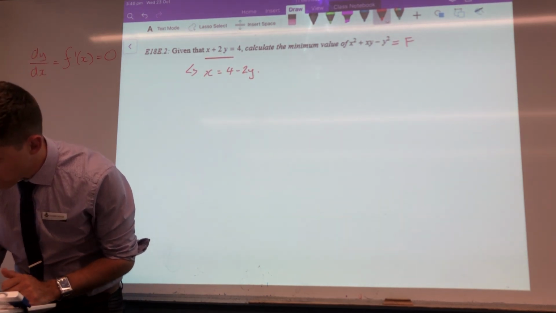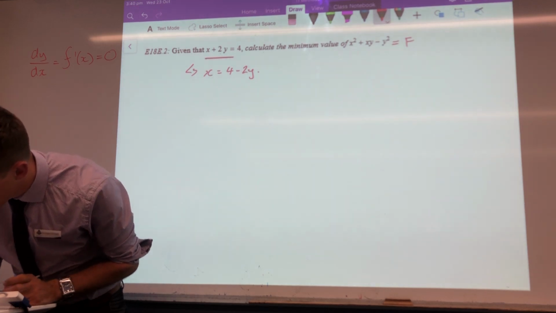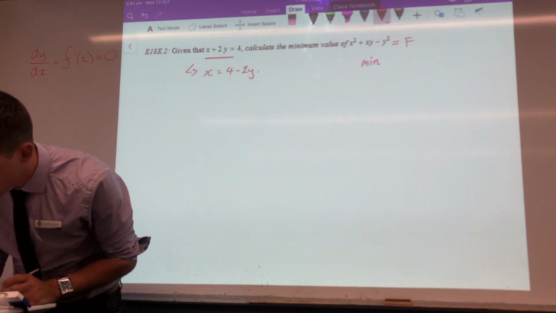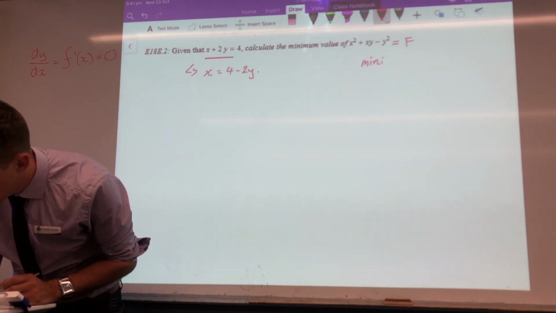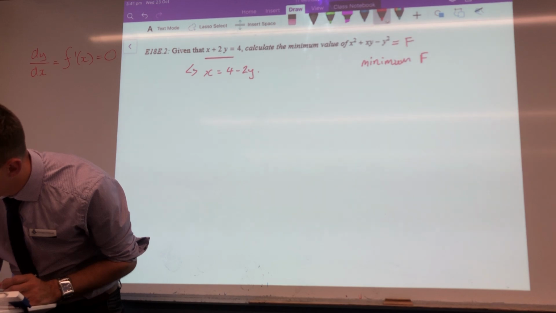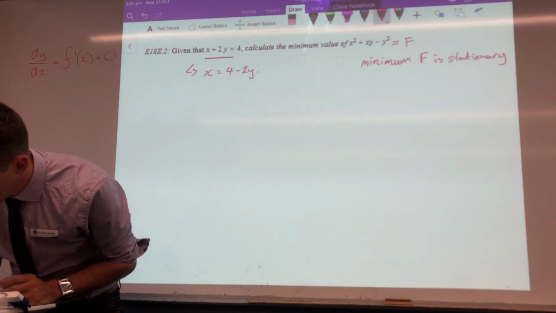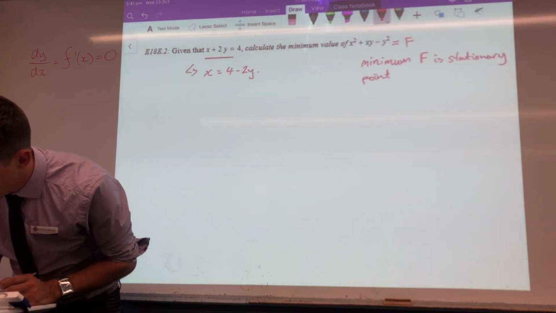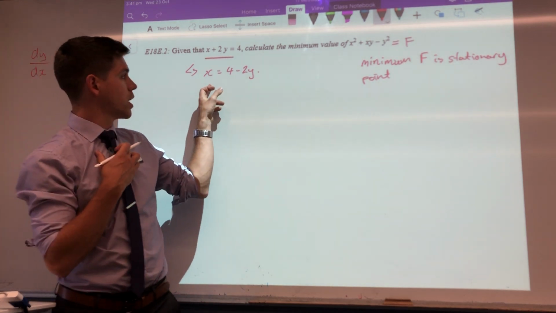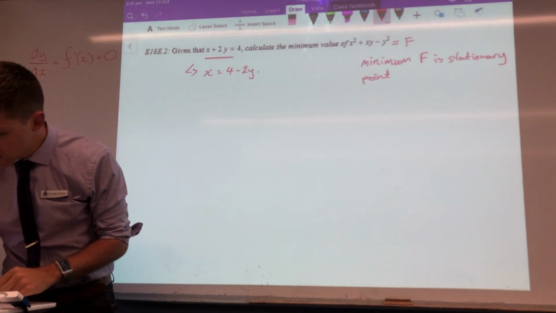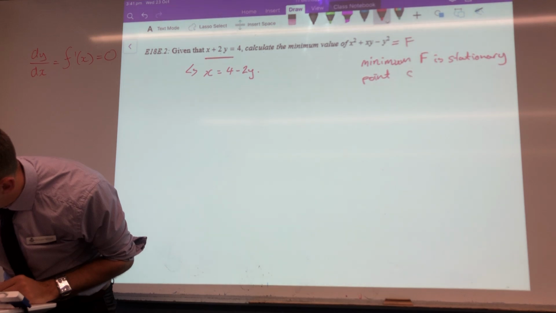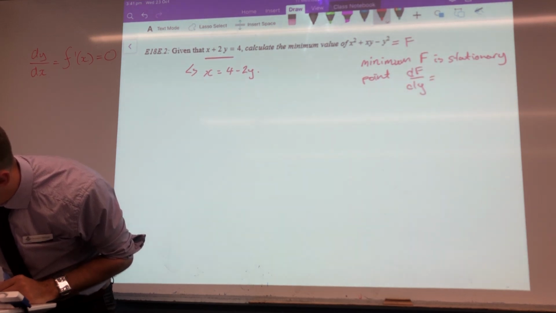And what are we trying to do? We're trying to find the minimum value for f. The minimum value for f is a stationary point. And at the stationary point, if we're removing all of the x terms, making them all in terms of y, this is going to be where df dy equals 0.